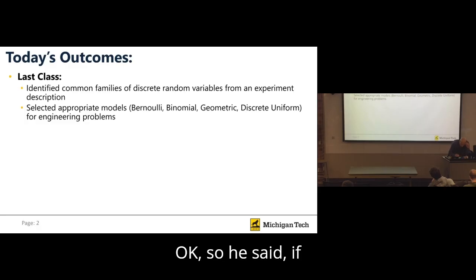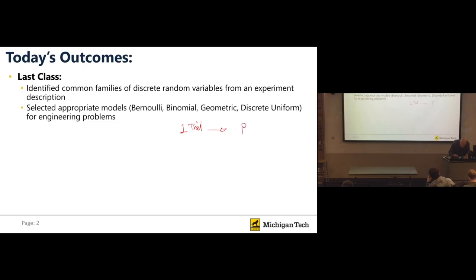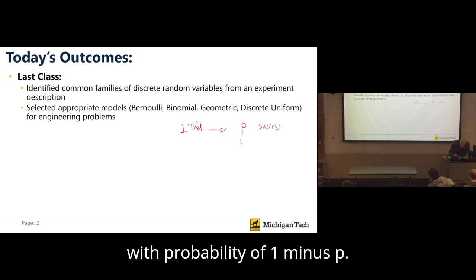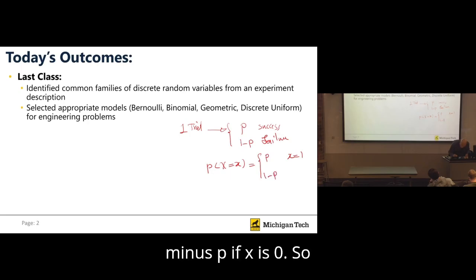He said if we do one trial, you can succeed with probability P and fail with probability 1 minus P. So the probability mass function of X is P if X is 1, and 1 minus P if X is 0.